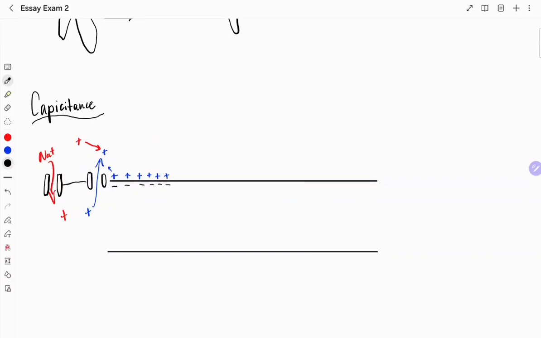Now, there's myelin that will cover portions of the neuron, which I'm going to draw like this. And this myelin is going to affect capacitance and also, therefore, length constant, because myelin actually decreases membrane resistance. Why is that? Think about it.